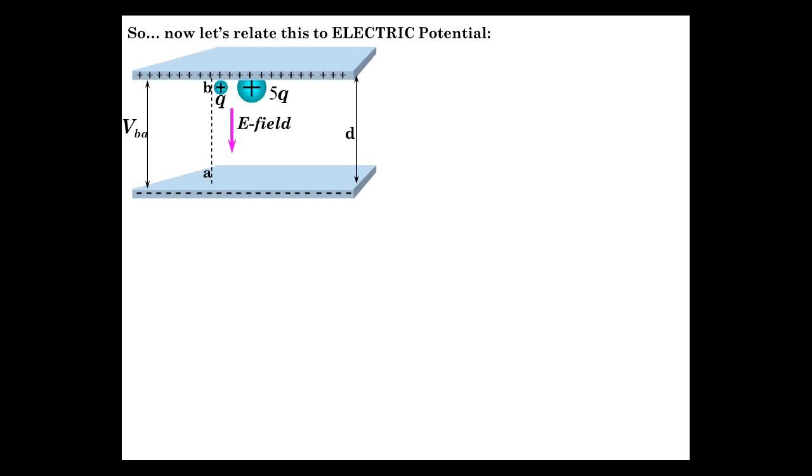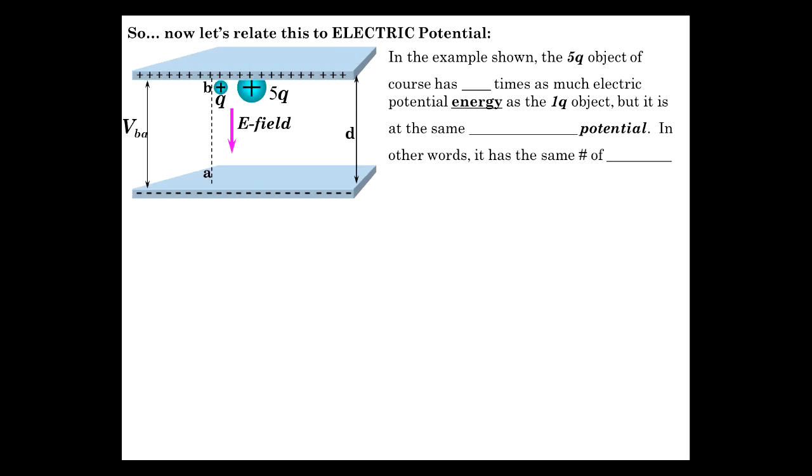So now, understanding electric potential will just be that much easier as we relate it directly to the gravitational situation. Here we have a 5q and a 1q charge in a uniform electric field. And the 5q object has 5 times the electric potential energy as it sits there ready to crash down to this negative plate in both cases.